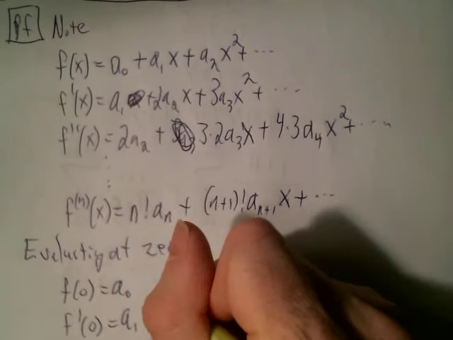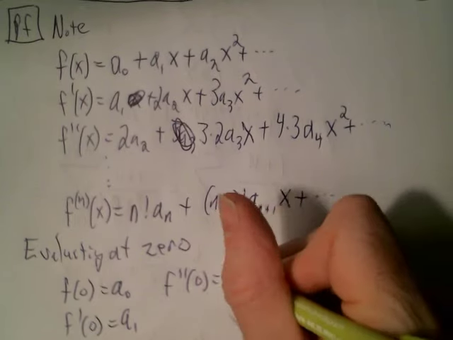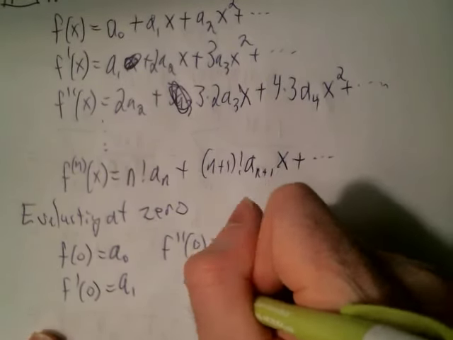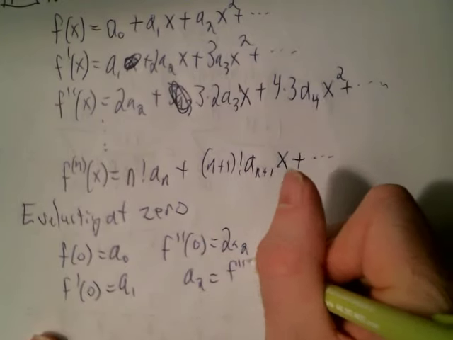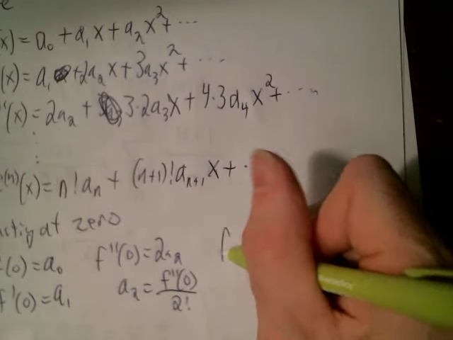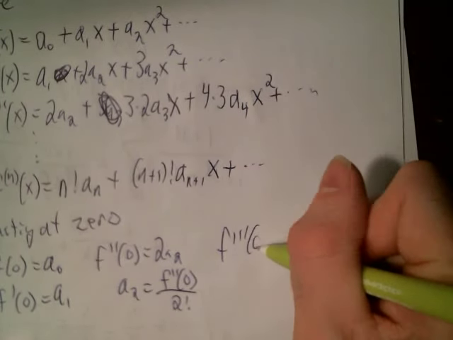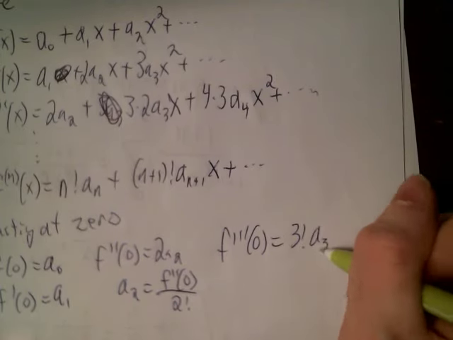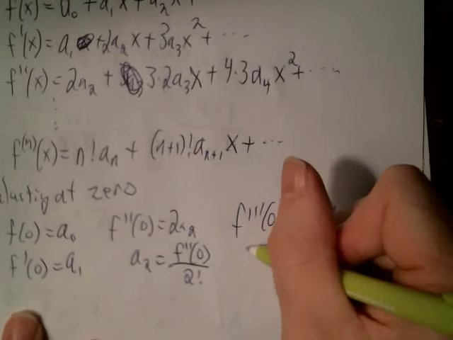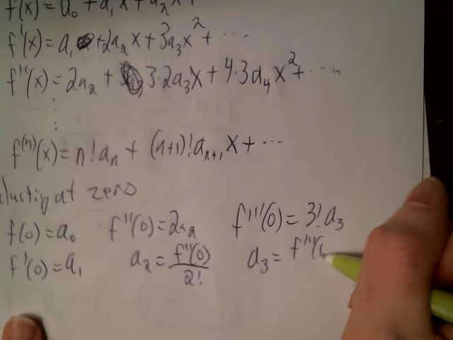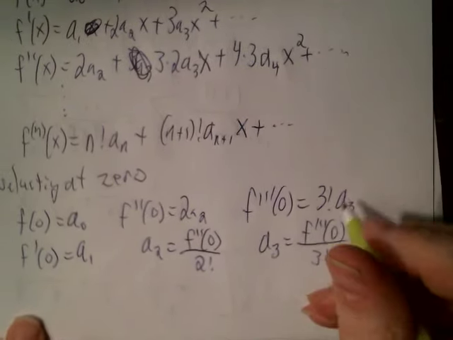So this would be a sub 1. f double prime of 0 is 2a sub 2. And in solving for that coefficient, a sub 2 must be f double prime of 0 all over 2. 2 is the same as 2 factorial. f triple prime of 0 would be 3 factorial a sub 3. In other words, a sub 3 is going to be the third derivative evaluated at 0 divided by 3 factorial.